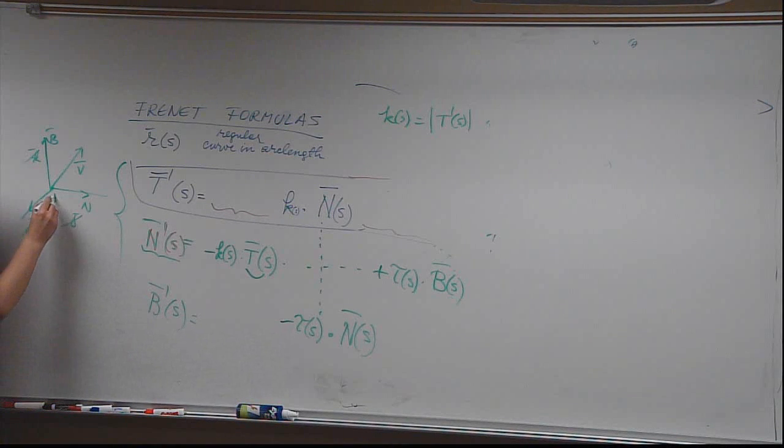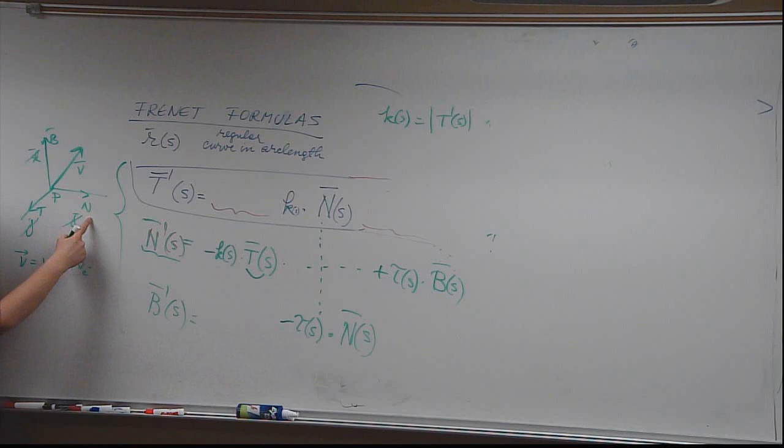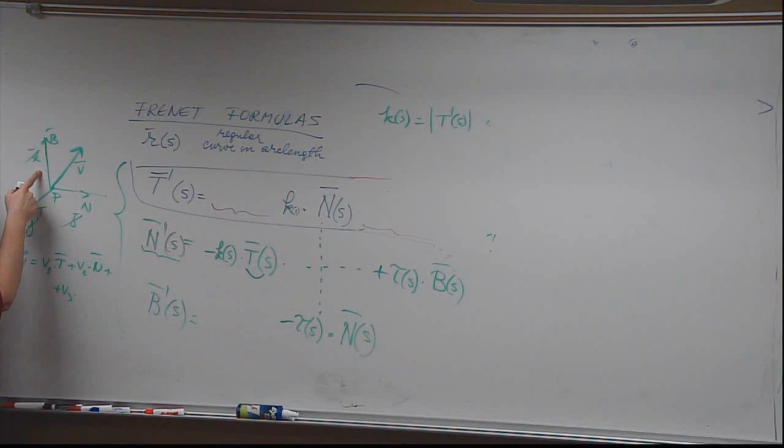So locally at the point I have this frame, and I have any vector. I'm a physicist, so let's say I represent that as V1 times T plus V2 times N, instead of J, plus V3 times B, the last element of the basis, instead of K. So it's the same here.